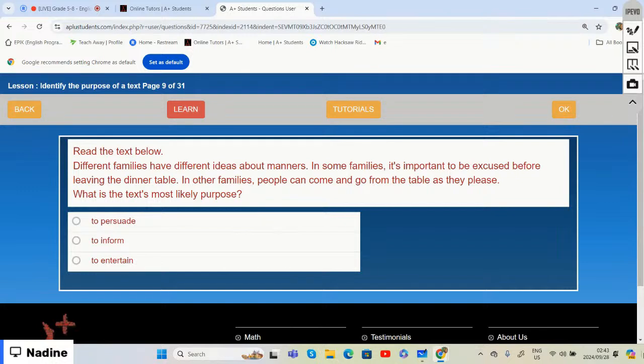So now, if you read that text, is that text to persuade? So we need to say, is it to persuade us, to inform us, or to entertain us?